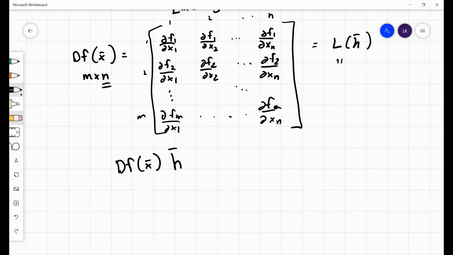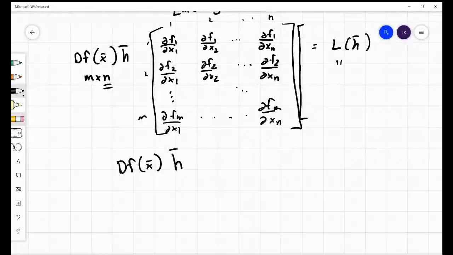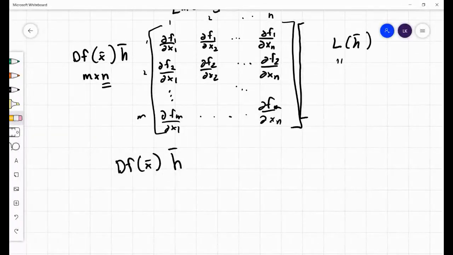So it's a multiplication, right? You would get the matrix times h, where h would have as many components as there are input coordinates. So this derivative would multiply the column vector h1, h2, all the way through hn.